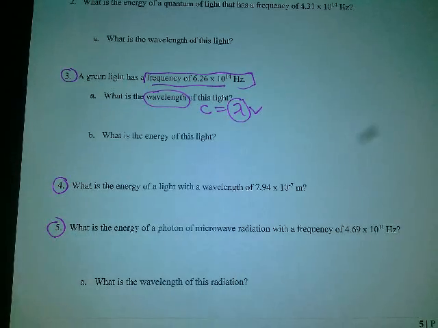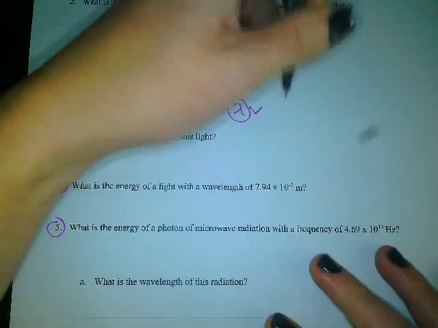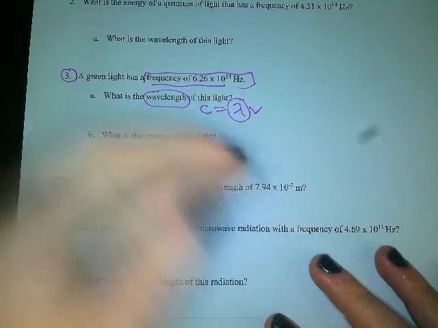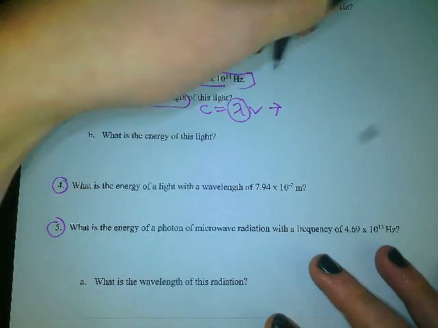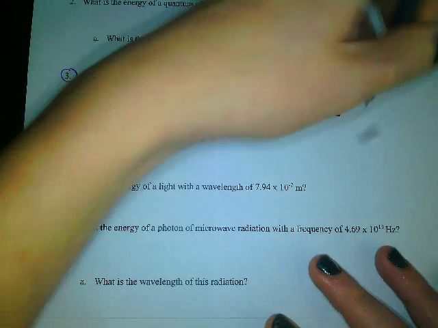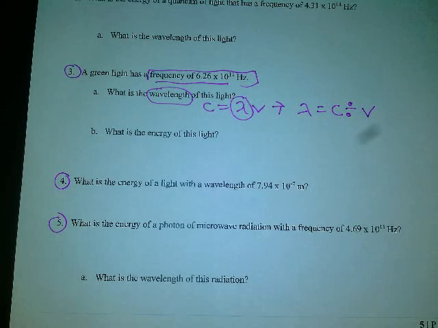So what we want to do is rearrange our equation so we have lambda by itself. Of course we're going to have to move V to the other side, so it will rearrange to lambda is equal to C divided by V. All I did was some basic algebraic rearranging.